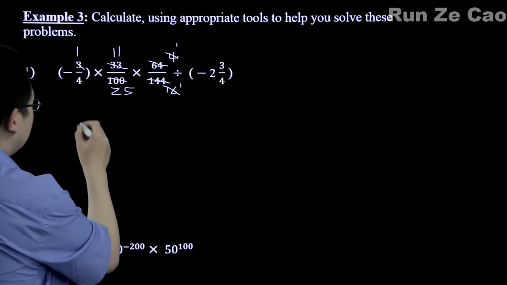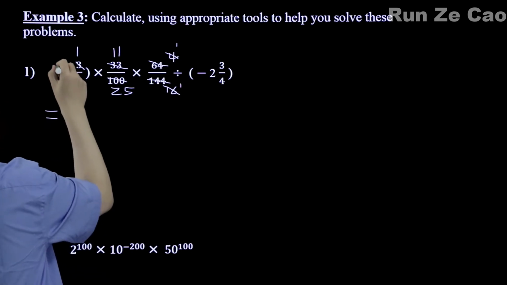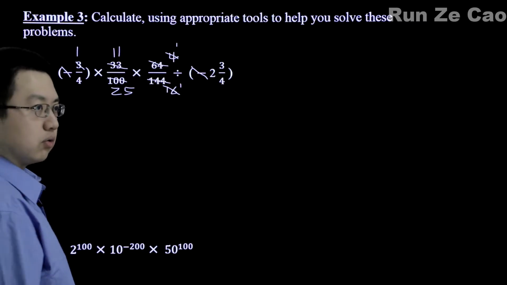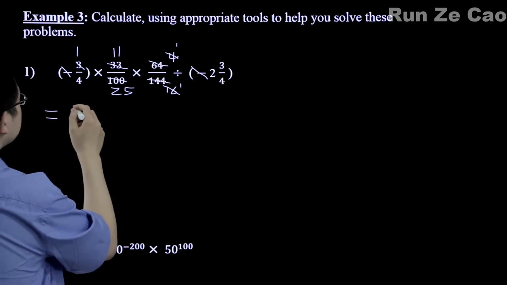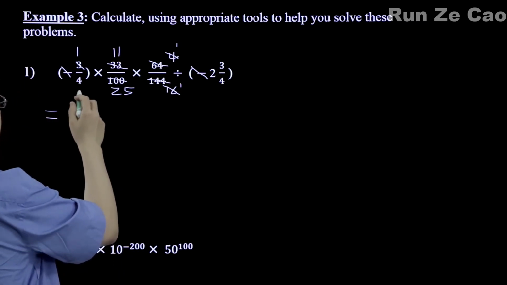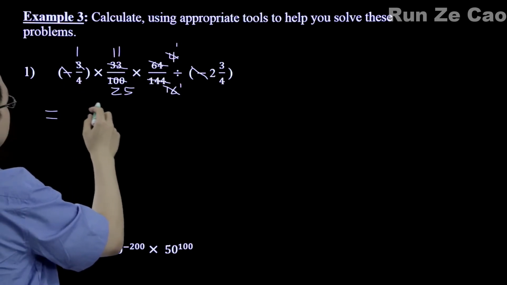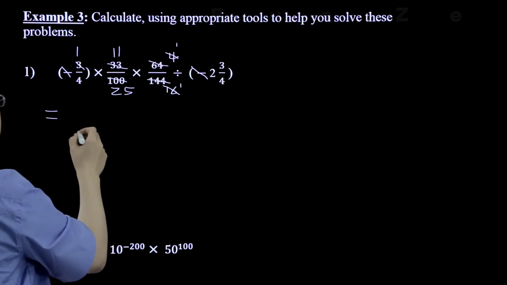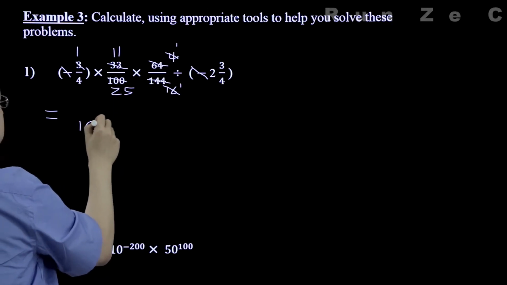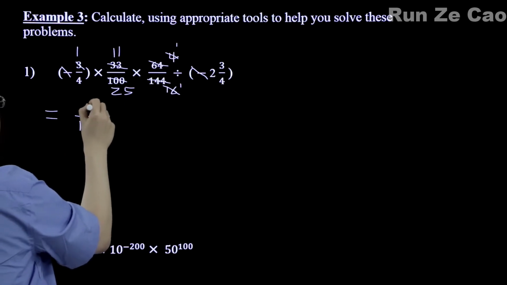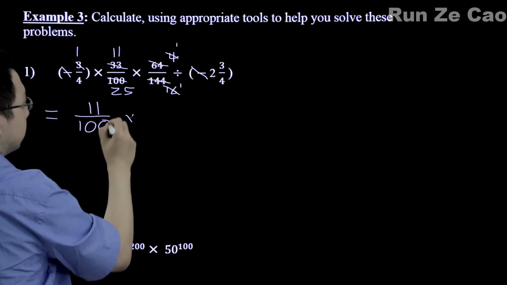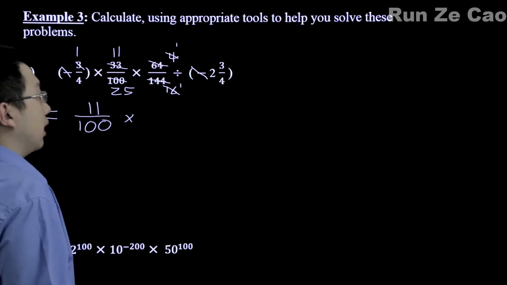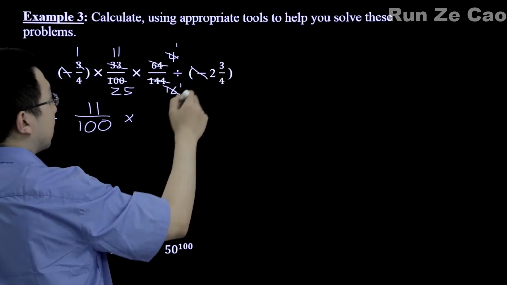So what do we have left? Well, we can also cancel out the minus signs because there's an even number of them. So this leaves us with 3 over 4 times, we could have canceled this 4 instead, but whatever. So 100 down here and 11 up here times 2 times 4 is equal to 8, and 8 plus 3 is 11.